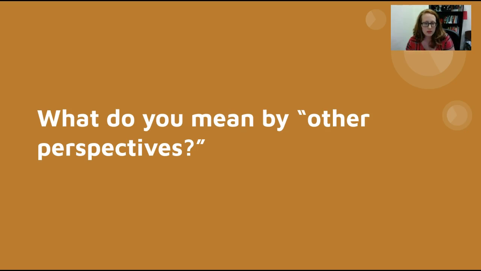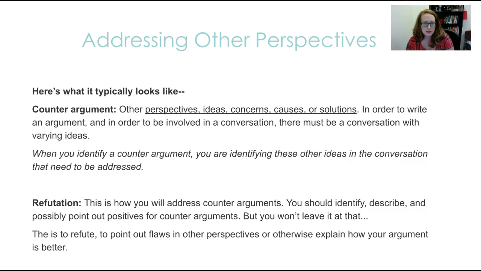We'll do some brainstorming for this also as we go, but what it typically looks like to have other perspectives addressed in your essay is that you have what's called counter arguments and refutations. When you identify another perspective, another idea, another concern, another cause for a problem, another solution, I didn't include it, but another effect, it's considered a counter argument.